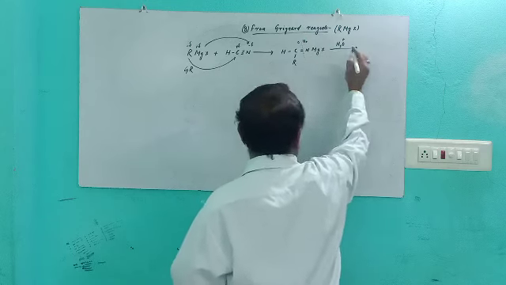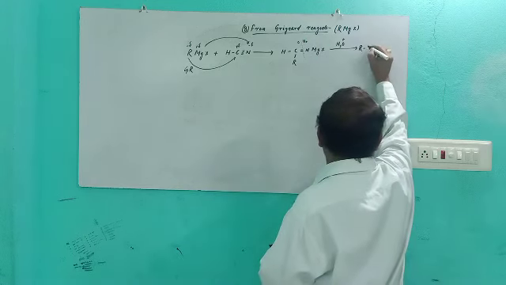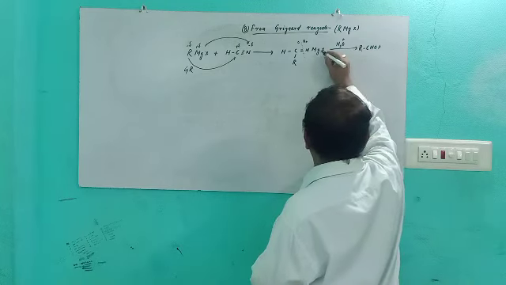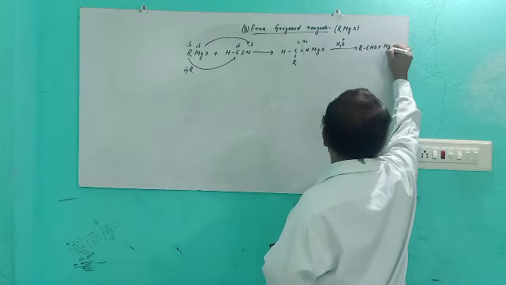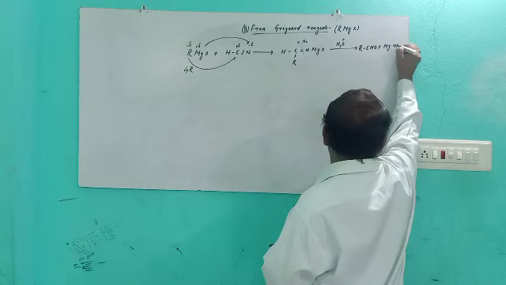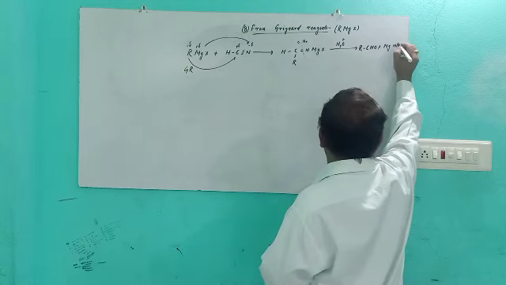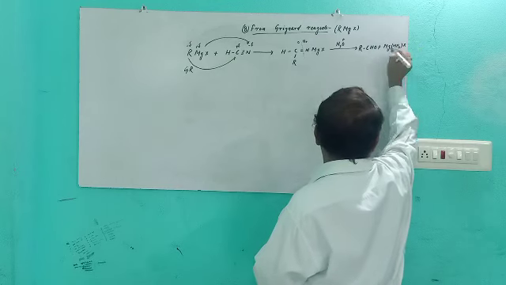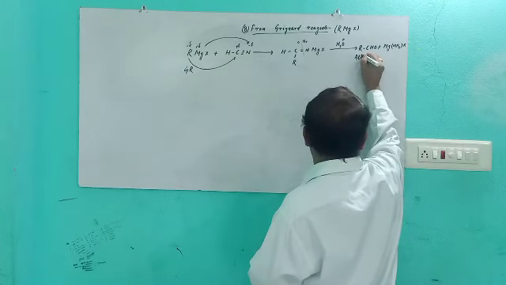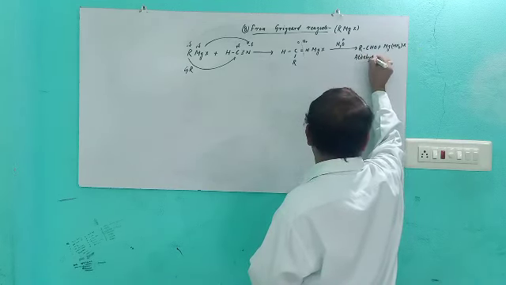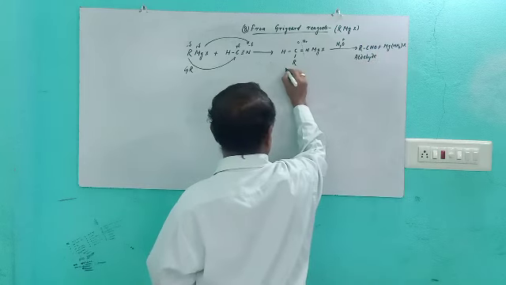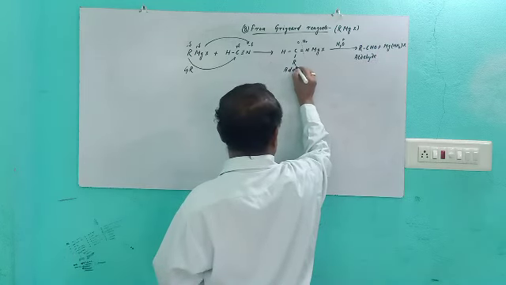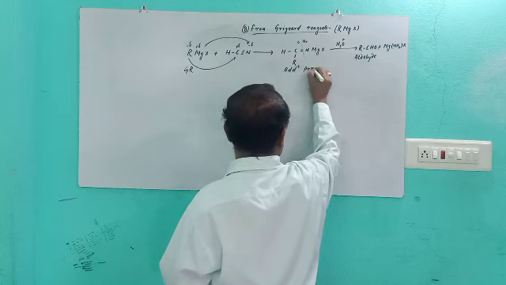As a result, RCHO is formed, plus Mg(NH2)X. Here is your aldehyde, and this is the addition product.